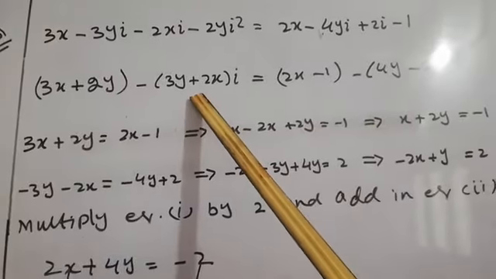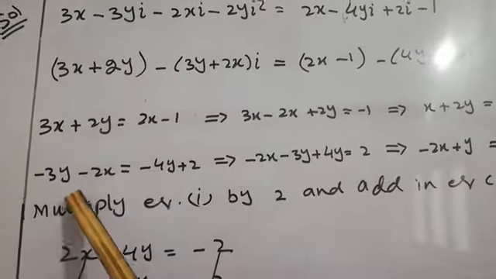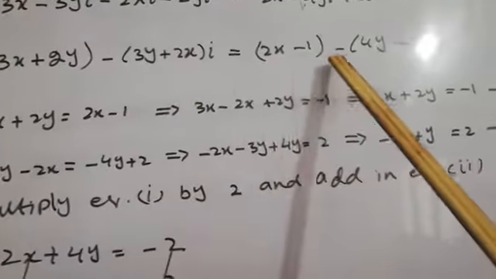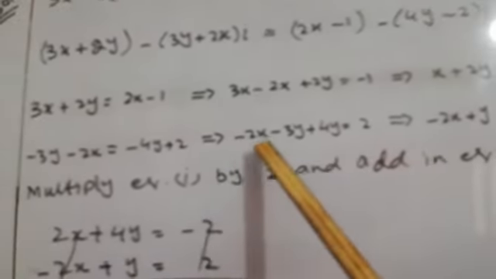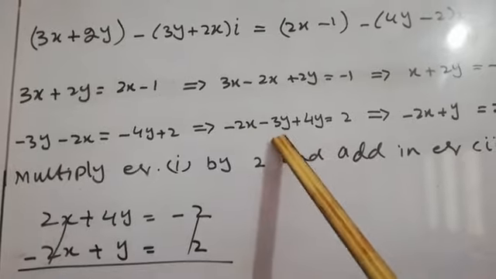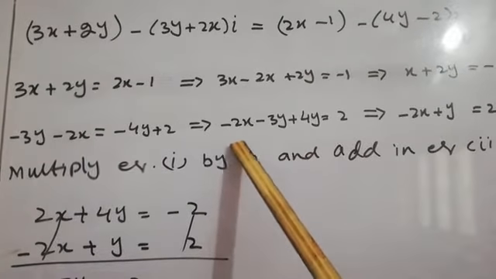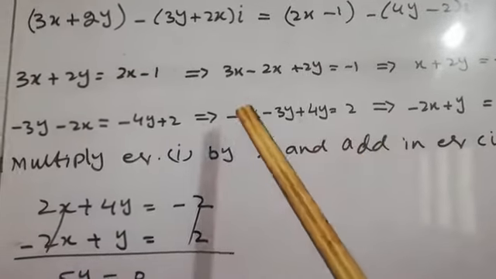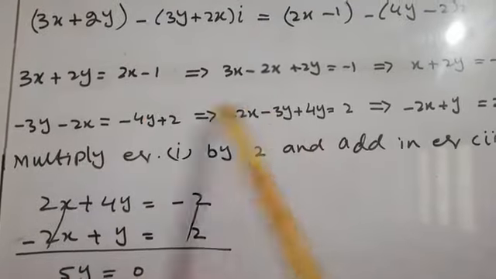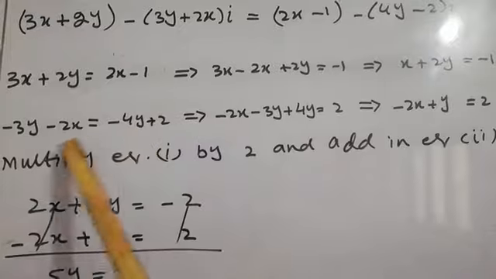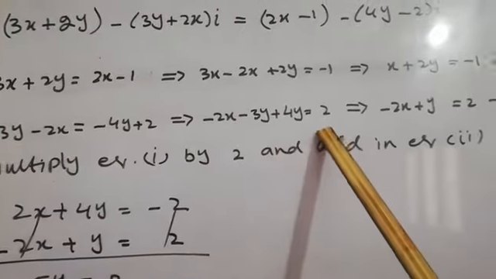And when we compare the imaginary parts, we have minus 3y plus 2x equals minus 4y plus 2. Okay, now we will write the x values and all the variable values on the left hand side and the constants on the right hand side. This will become minus 2x minus 3y plus 4y equals 2.